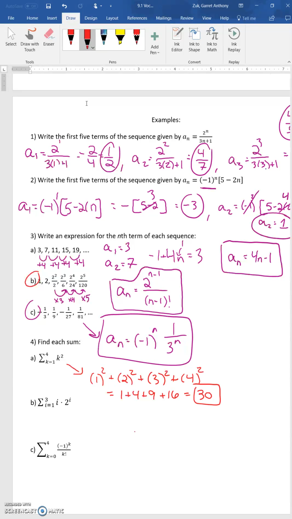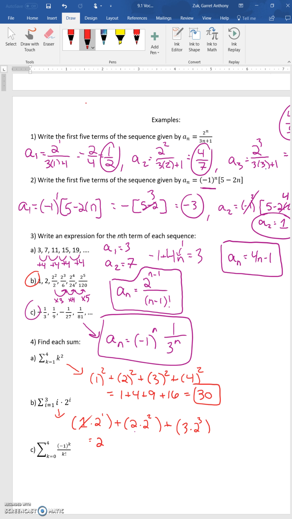Not too bad. Let's check out this next one. Here we're going from 1 to 3. So for our first term, we've got 2 things going on here, starting at i equals 1. So this is 1 times 2 to the 1, plus, now we're going to i equals 2, so 2 times 2 to the second power, plus 3 times 2 to the third.